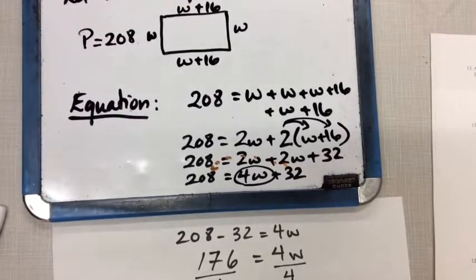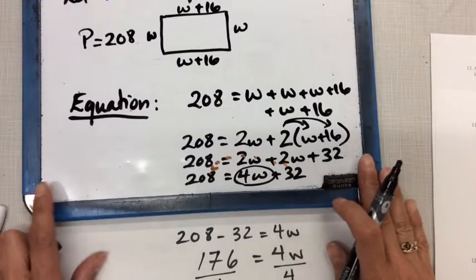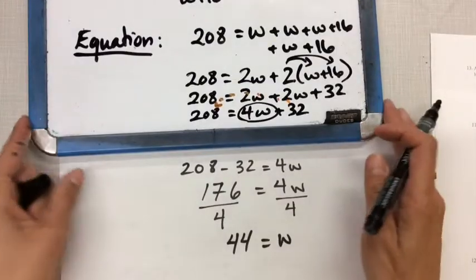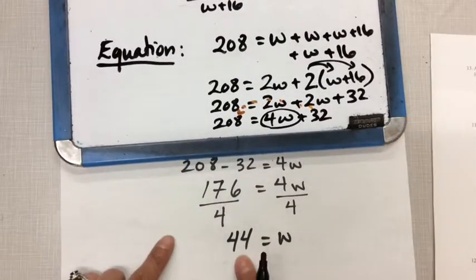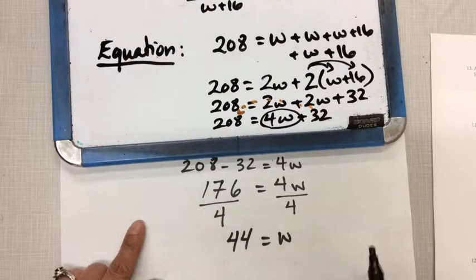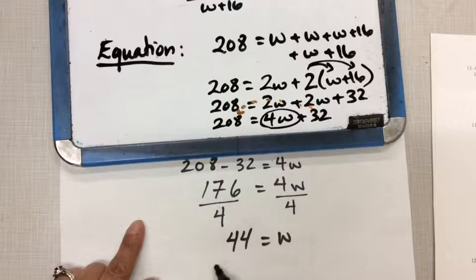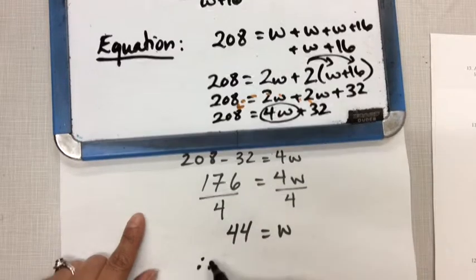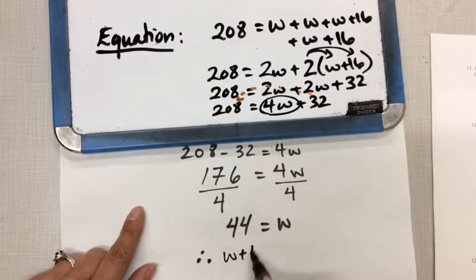And that will be 44. Now, if W is 44 and length is W plus 16, then if you add 16 to that, you get 60. And so therefore, W plus 16 is equal to 60.